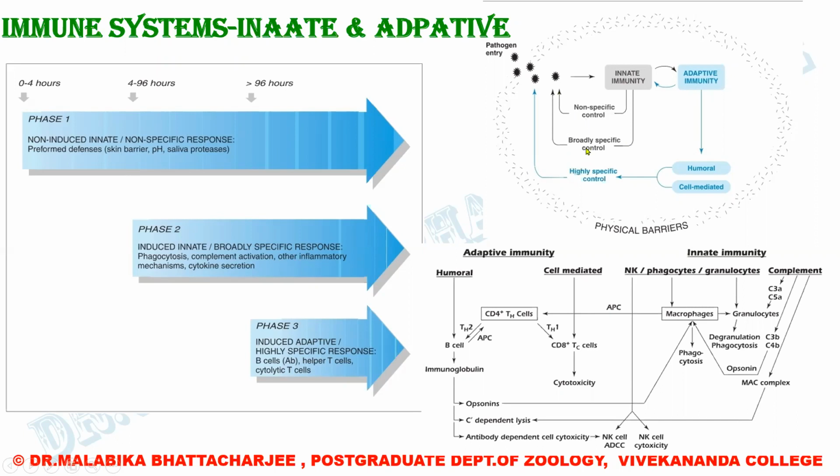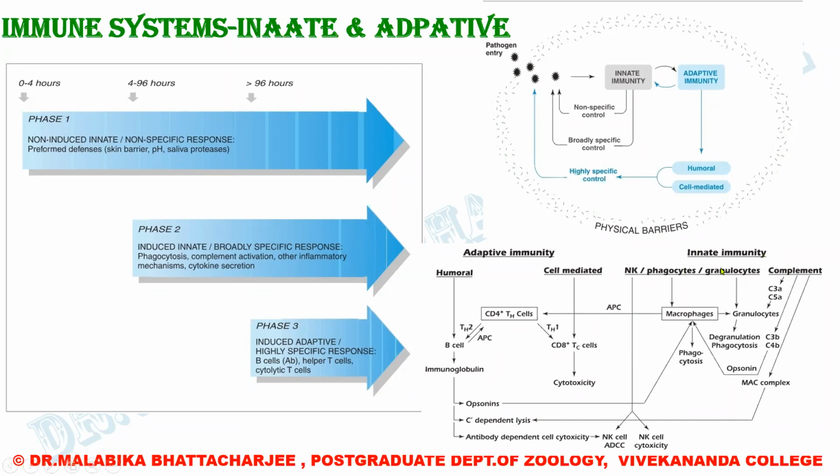Keep in mind that the innate immunity also has cells. Then further, the innate immunity gradually ropes in the adaptive immunity, and the adaptive immunity has two branches, the humoral and the cell-mediated, and a highly specific control system develops. This is a beautiful flow diagram highlighting the adaptive and the innate immunity.